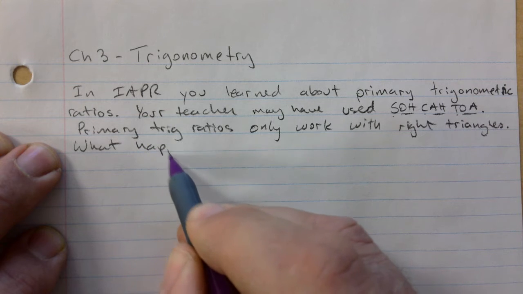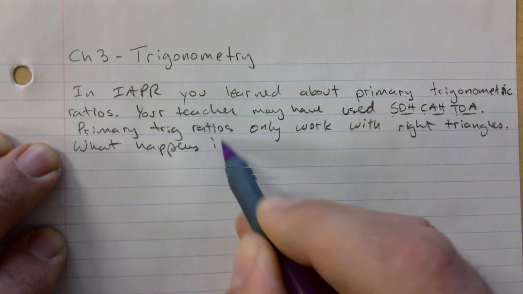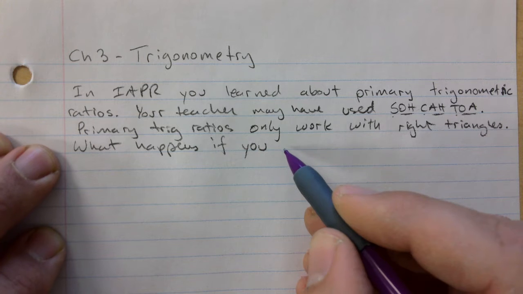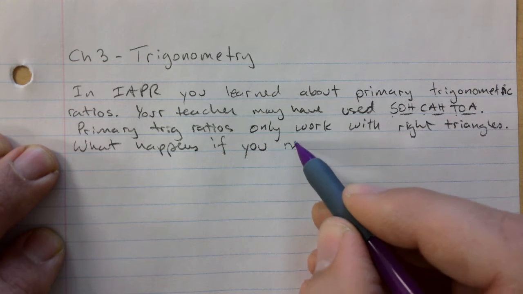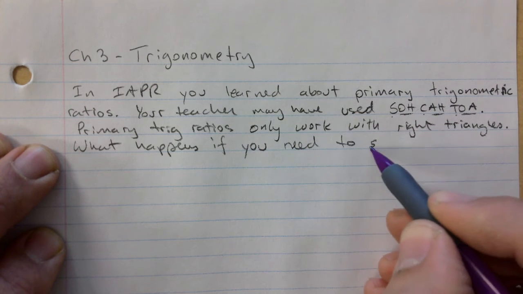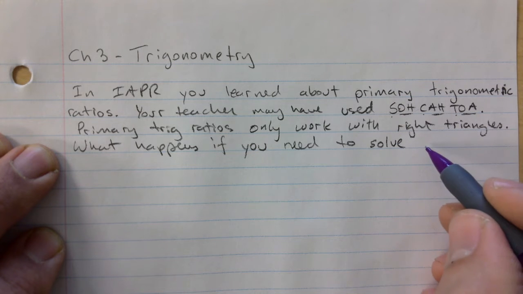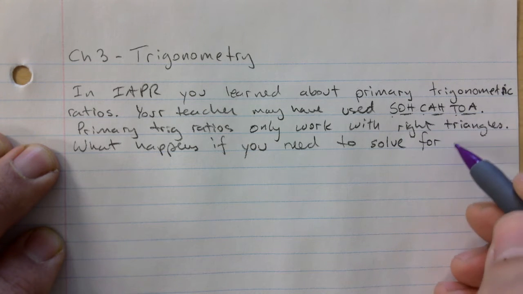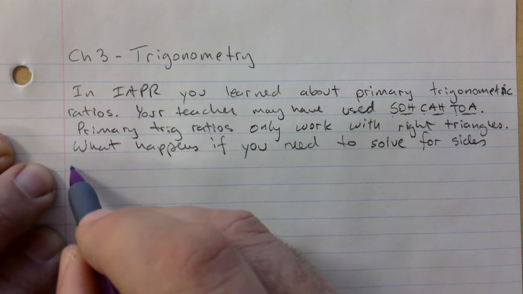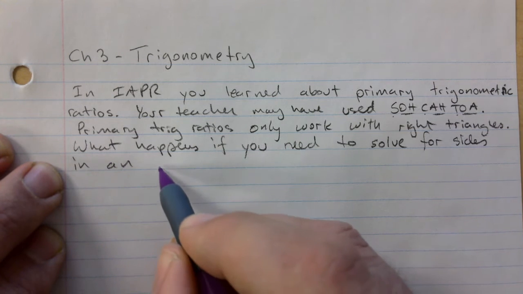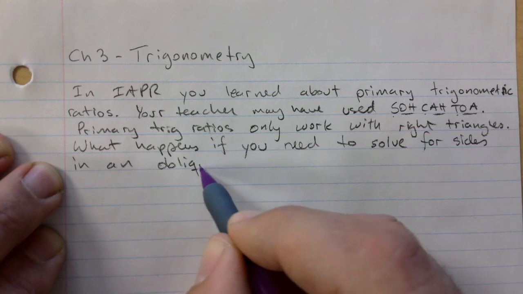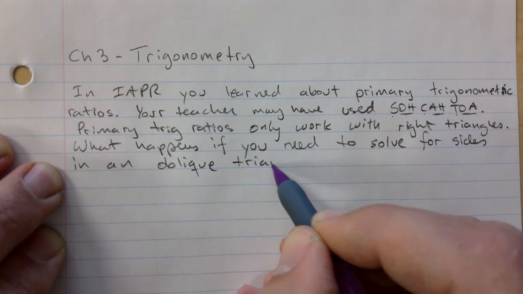What happens if you need to solve for sides in an oblique triangle?